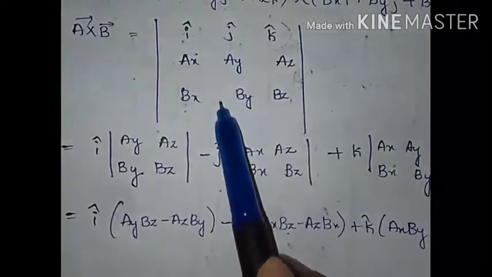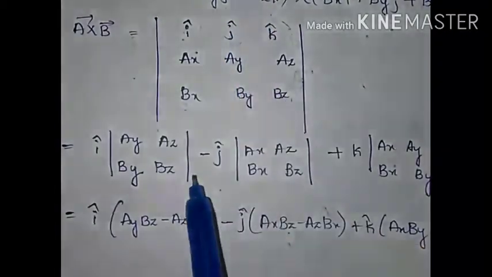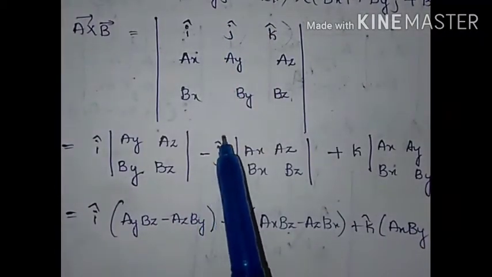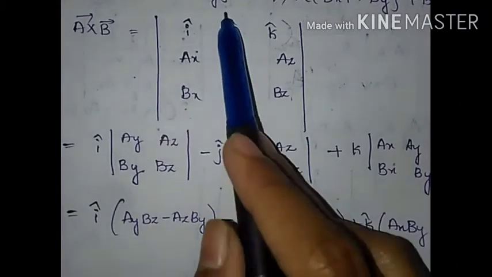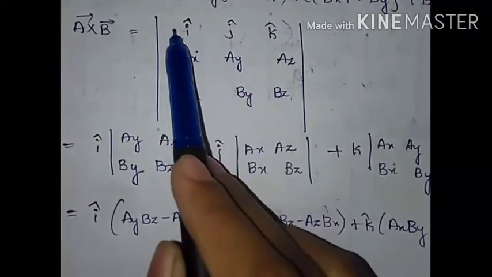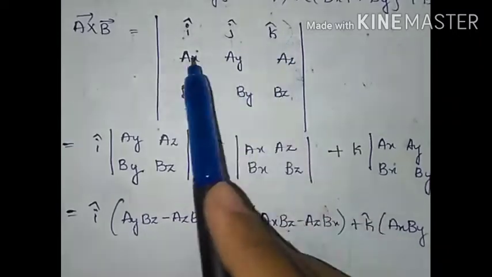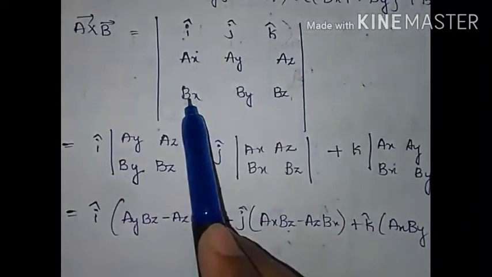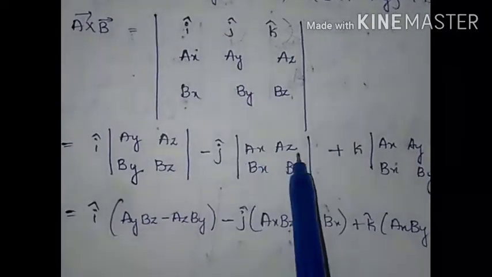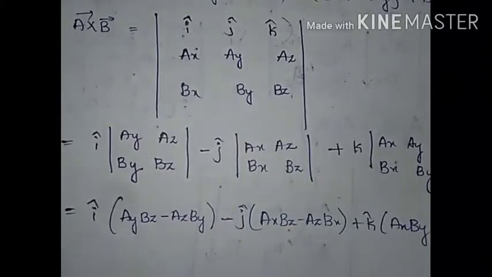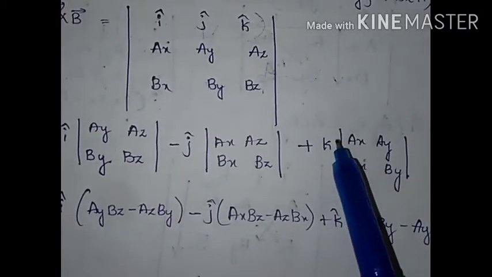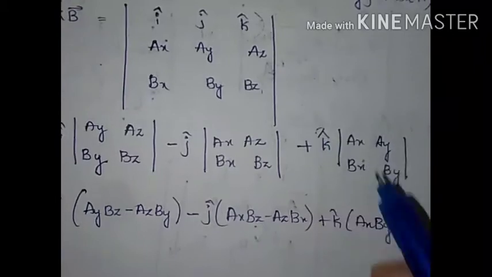Now let us write for j. As I said, j takes a negative sign, so minus j. You ignore this column and this row. What will be left? Ax, Az, Bx, Bz. Next is for k cap.